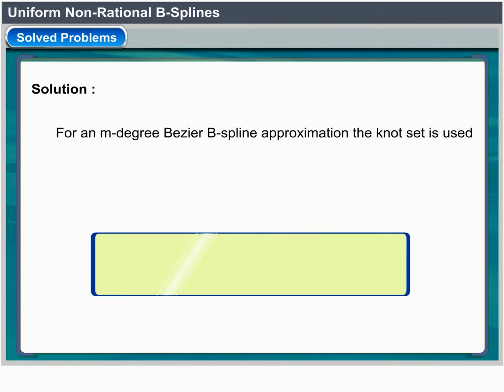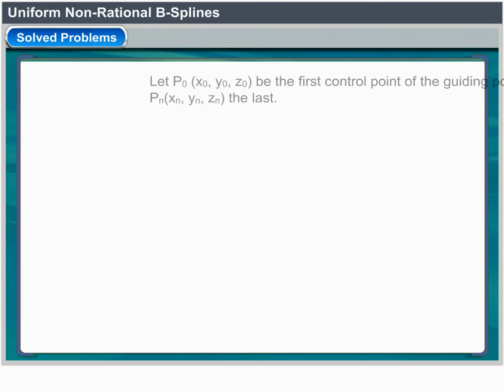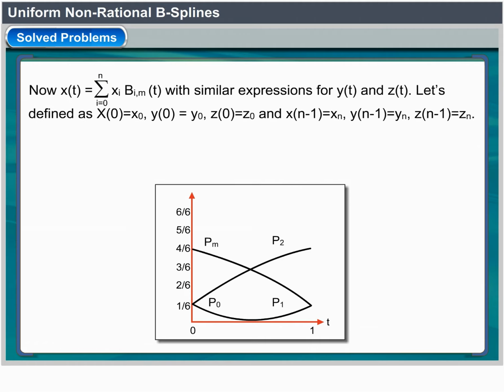Let P0 (X0, Y0, Z0) be the first control point of the guiding polyline, and Pn (Xn, Yn, Zn) the last. Now x of t equals the sum from i equals 0 to n of xi times Bi,m of t, with similar expressions for y of t and z of t.